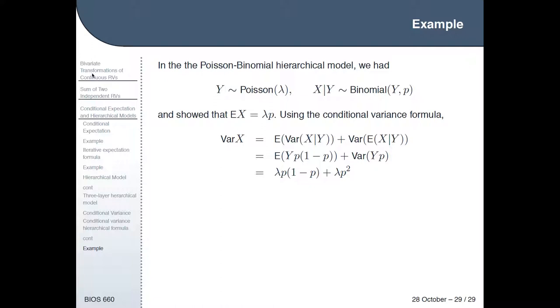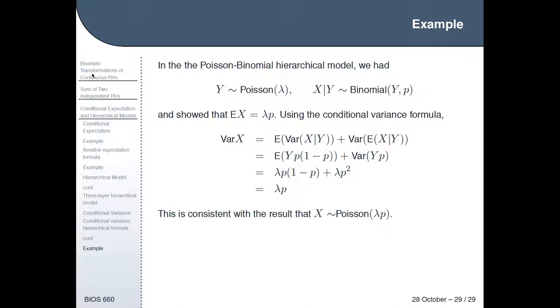The variance of Y is lambda. If you pull the p outside the variance sign, you have to square it, because in general the variance of c times X is equal to c squared times the variance of X. So we end up with lambda times p squared. Simplify that, and we end up with the variance of X equal to lambda times p.